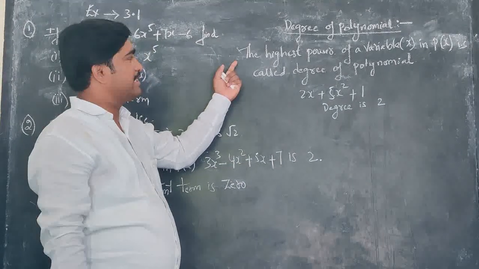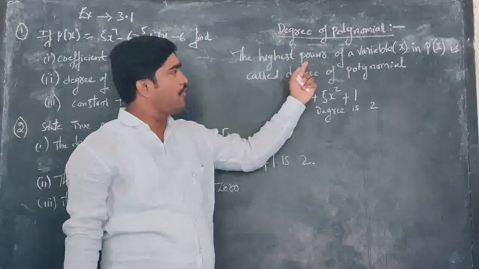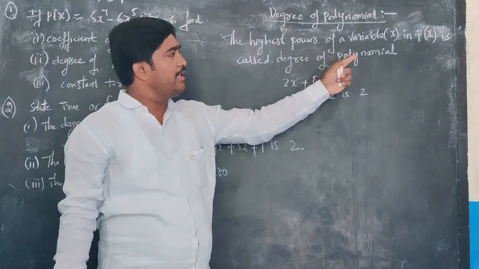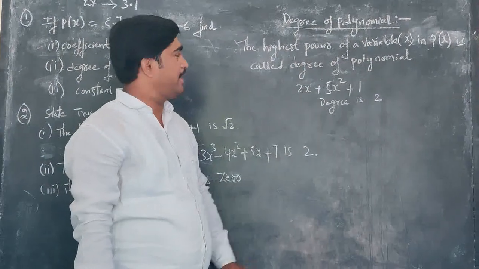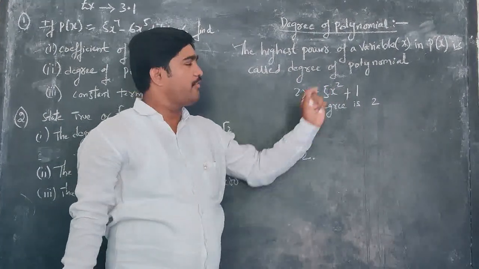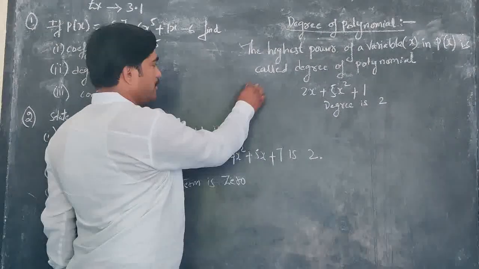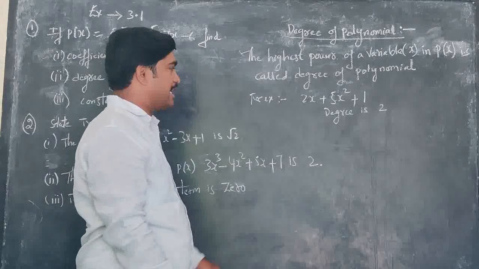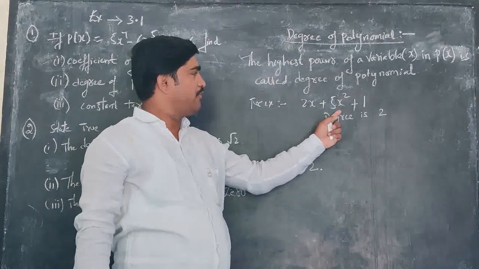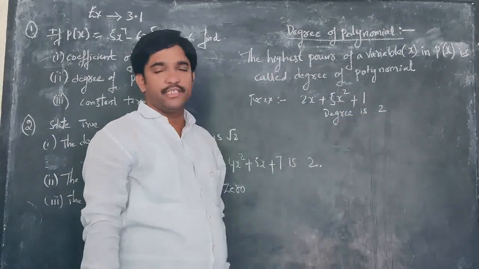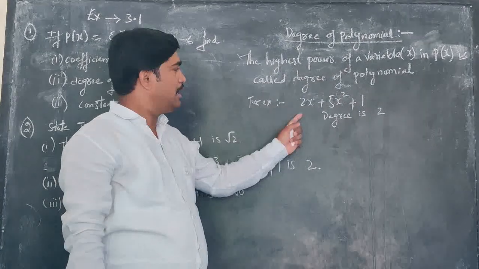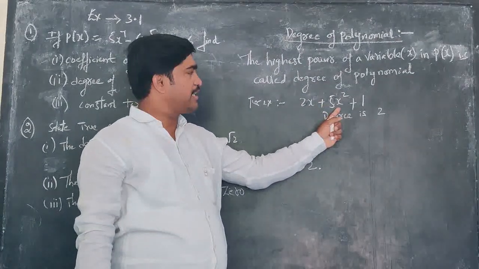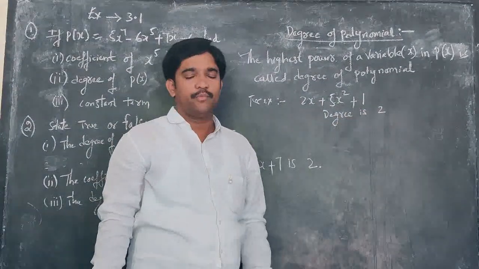Now I repeat once again, the highest power of a variable x in a given polynomial p of x is called the degree of a polynomial. For example, I'll consider 2x plus 5x square plus 1 as a polynomial.